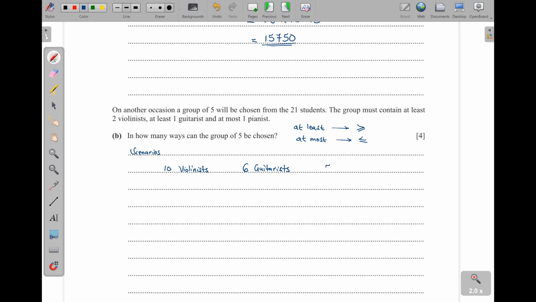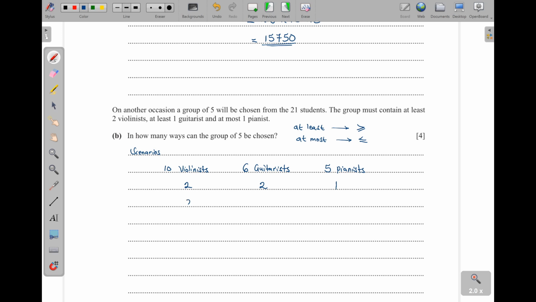And we also have 5 pianists. Okay, now since they said at least 2 violinists, let me begin from there. 2, then maybe 2 here, because they also said at least 1 guitarist. So the least you can have for the guitarist has to be a 1. So 2, 2, then 1.